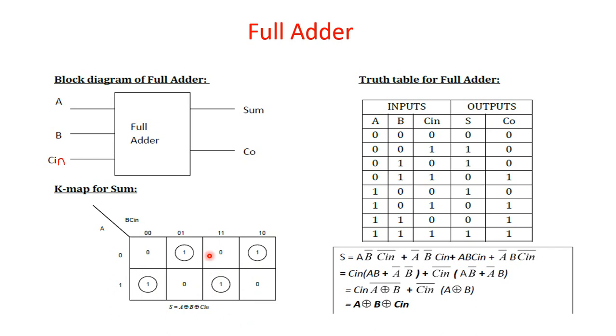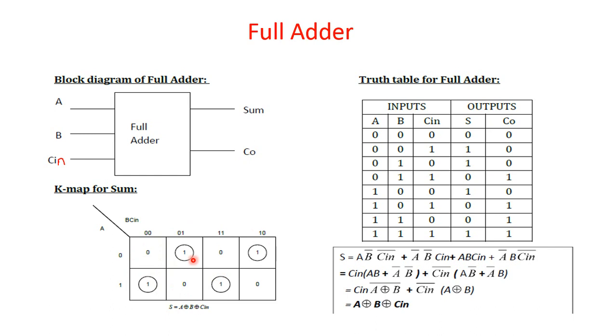To simplify this one, we cannot group it as an octet. Here 8 cells are there, so the maximum grouping is 8 cells, but that is possible only if all 8 cells are one. So octet is not possible. Then check the quad.